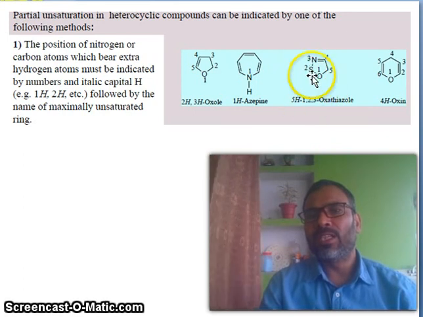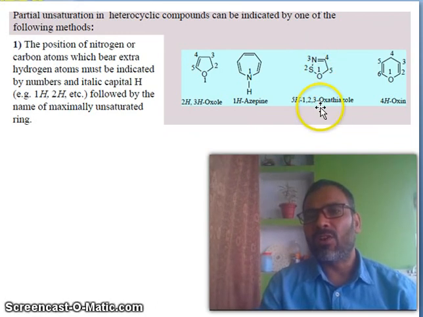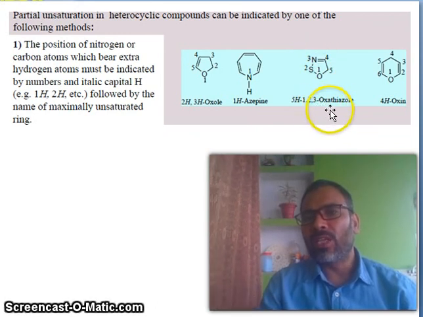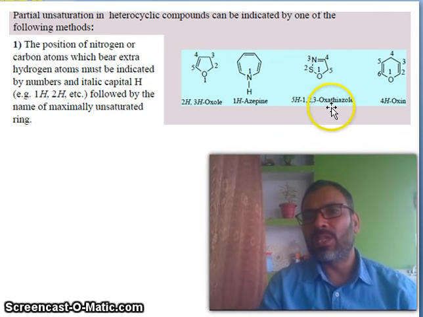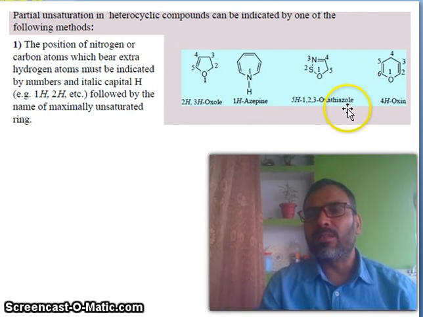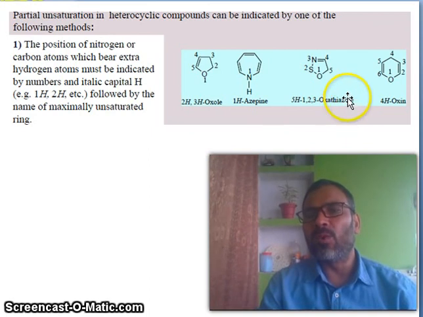Now priority. Oxygen is first priority, sulfur second priority, nitrogen third priority. First ox, so oxa, then thia, then aza. So oxa, thia, aza, and then the prefix and then the suffix OLE.